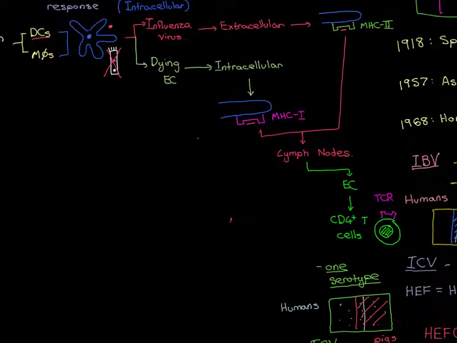So because we've got so many different peptide fragments being presented to T cells in the lymph nodes, eventually we're going to get some hits. Some of the peptide fragments are actually going to find a CD4 positive T cell that's directed against them. And when that happens, the CD4 positive T cell is going to divide and divide and divide.